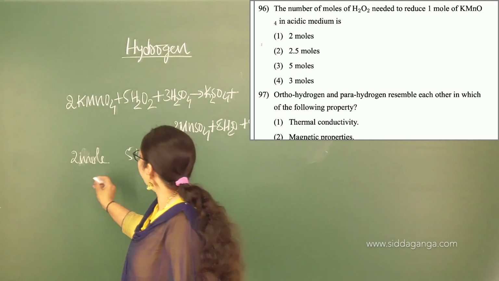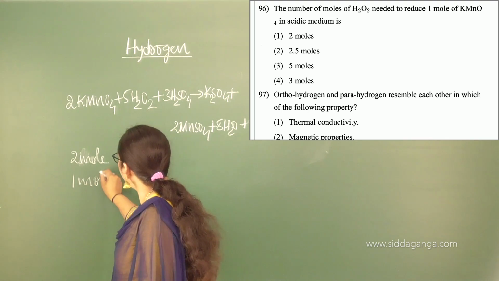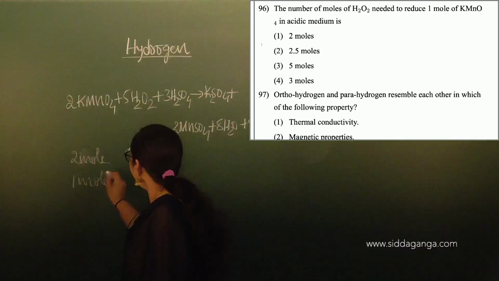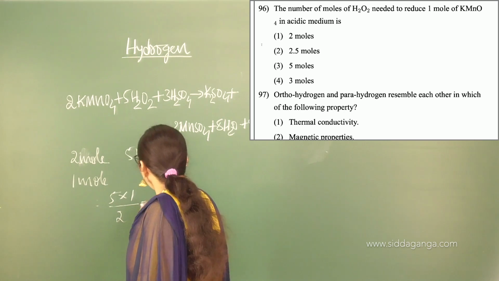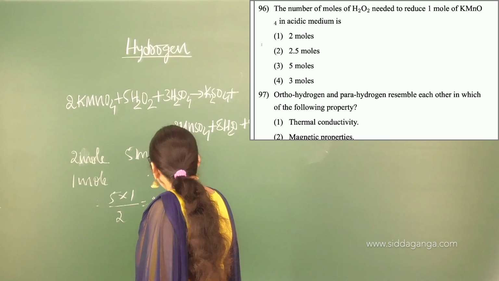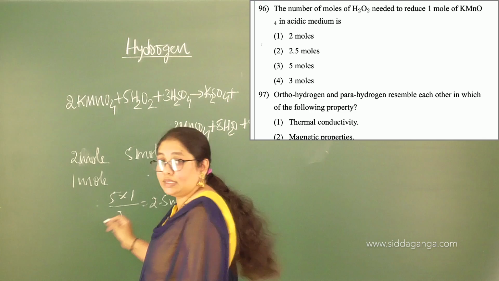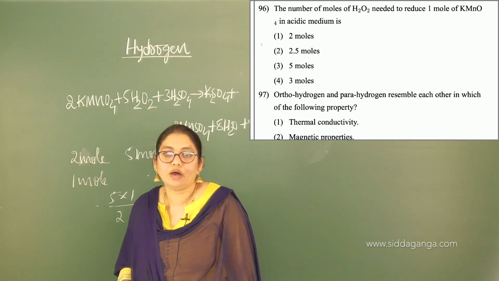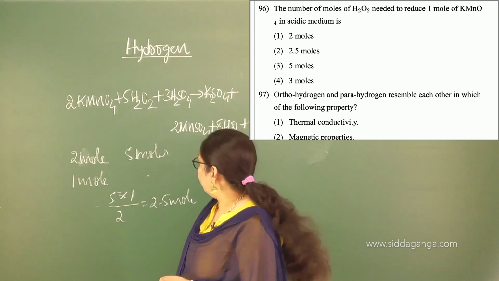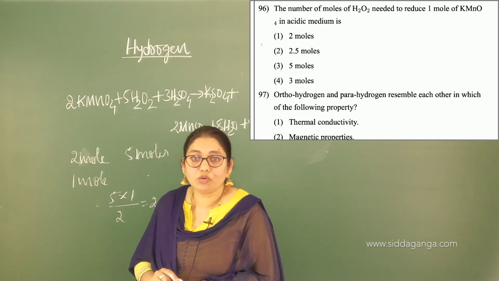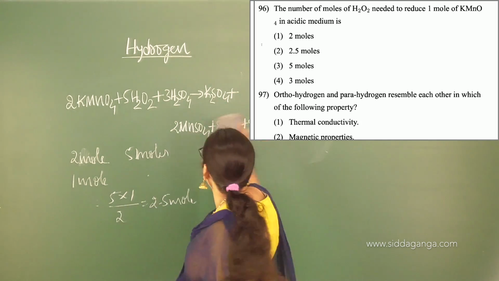They ask you here for 1 mole. Simple, that is equal to 5 into 1 divided by 2, which comes to 2.5. Is it there? Yes, it is there. So option B is the answer, 2.5 moles. Understood this one? This is a simple question. Again, move on to the next question.